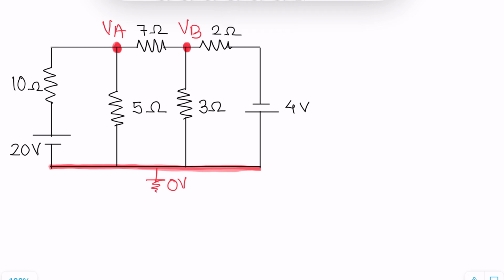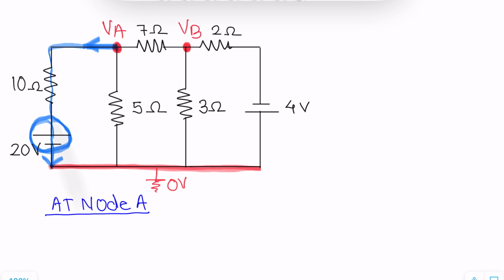Let us write down equation at node A. So at node A, first current starting at this point, so VA, ending at this point, so minus 0. This battery opposes our direction of current, so minus 20 divided by 10. So the equation is VA minus 0 minus 20 divided by 10.